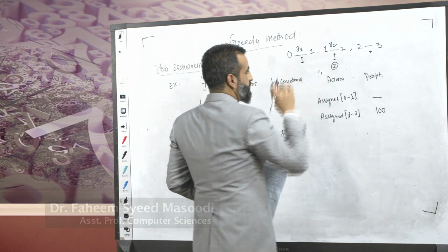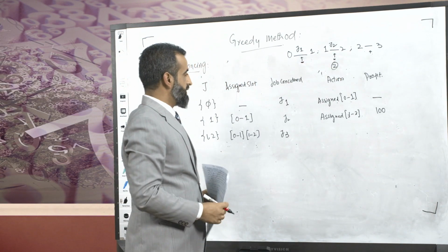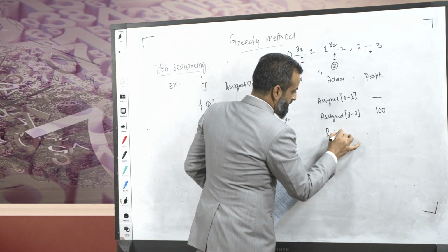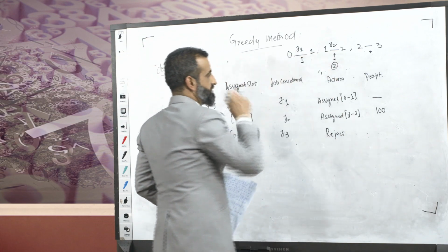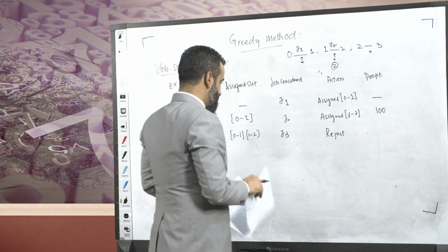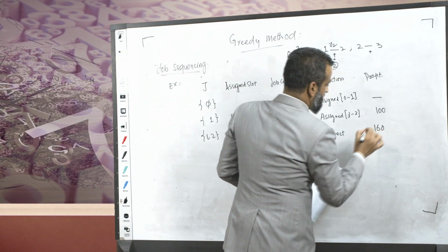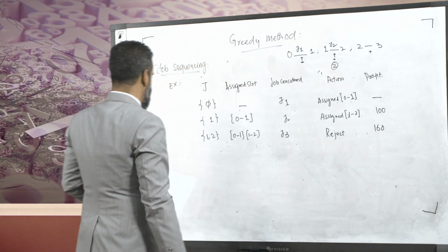Since that slot is already occupied, I cannot fit this job in the machine, so I will simply reject it because I do not have a free slot of time where it will fit. The total profit earned in this case is 160 from J2.